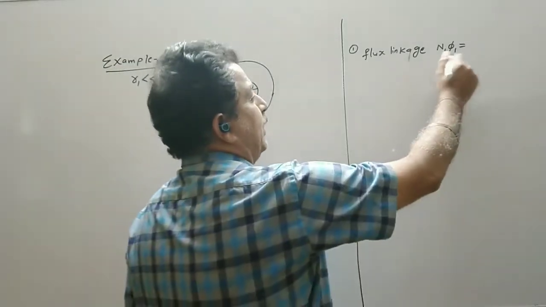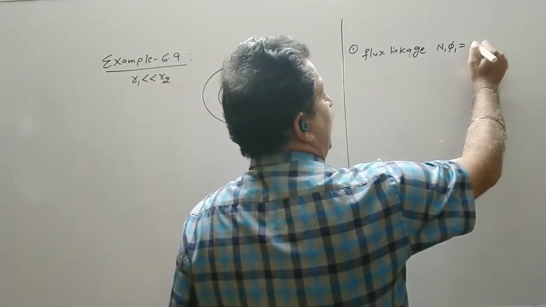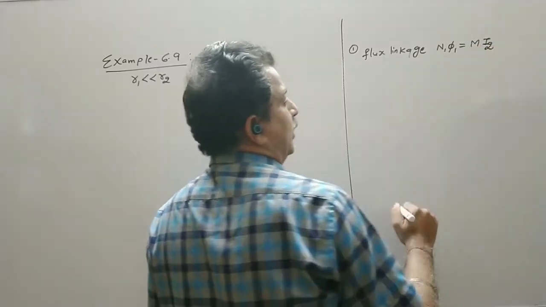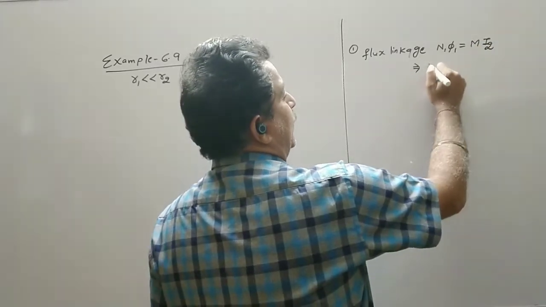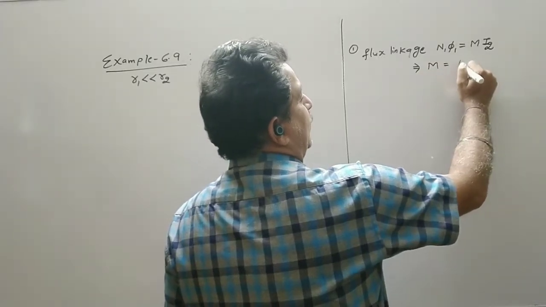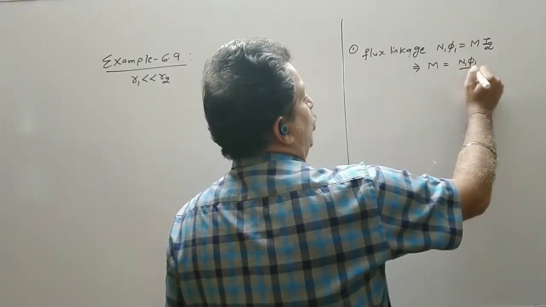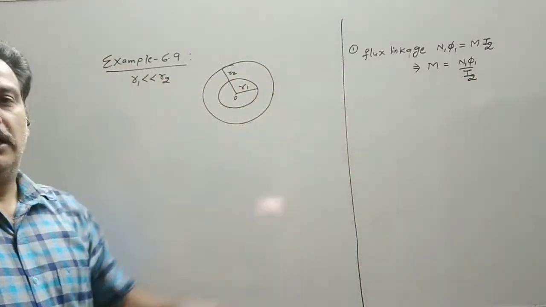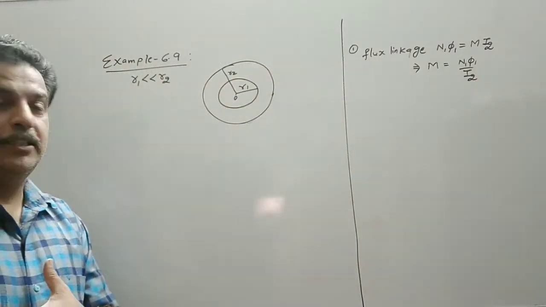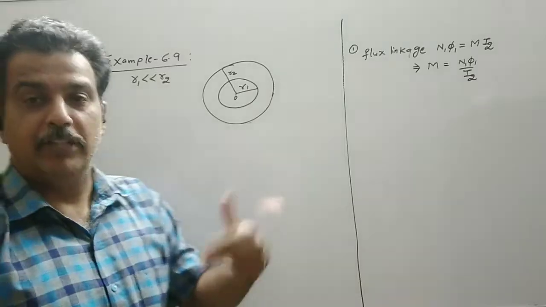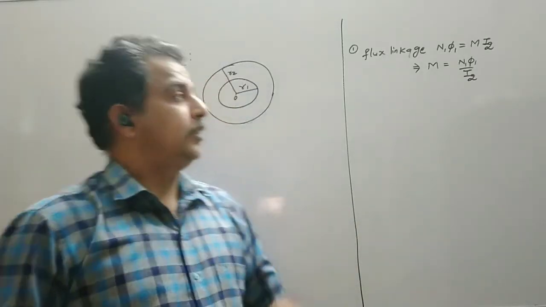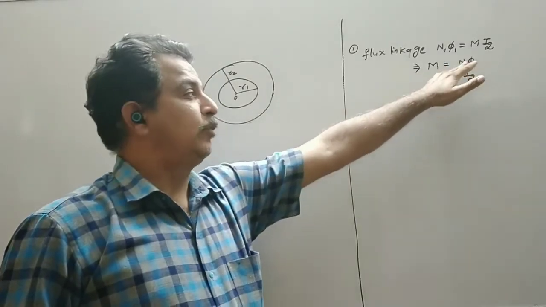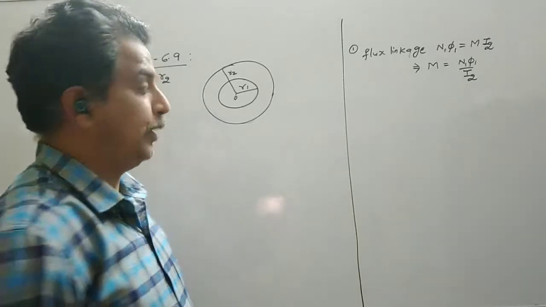So here phi1 means the flux linked with coil 1, which was equal to M into the current passed in the other coil. This indicates that mutual inductance is M = phi1 / I2. This is the general formula for an inductance, whether it is a mutual inductance or self-inductance, which we will see also. It is the ratio of the total flux linked with the coil to the current passed through it.